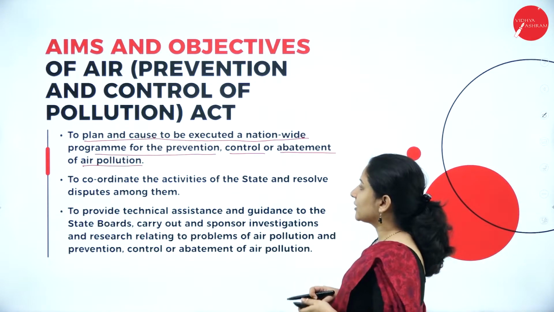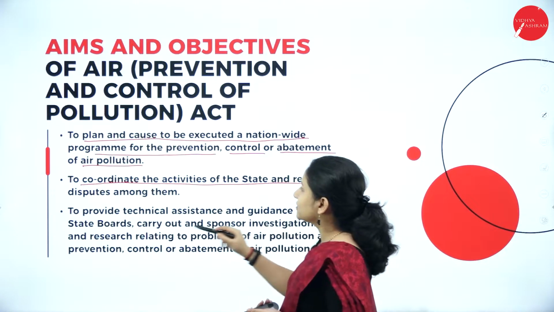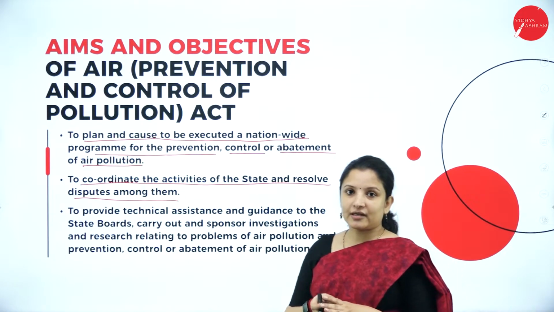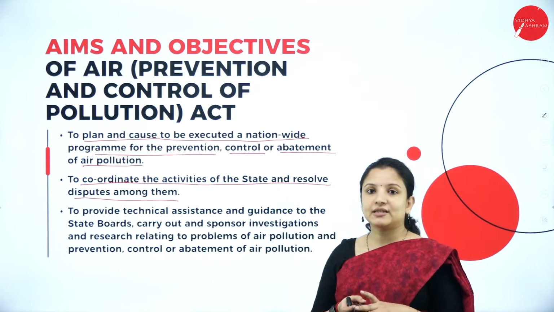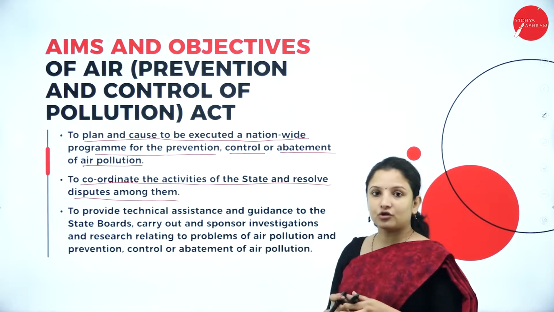And they coordinate the activities of the states and resolve disputes among them. Whatever disputes there are regarding air pollution within the states will be coordinated by the central committee, and they try to resolve these disputes.